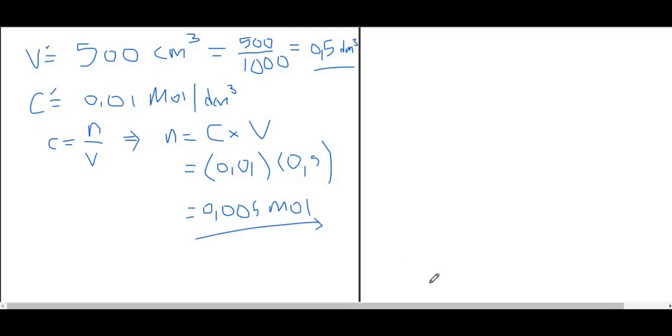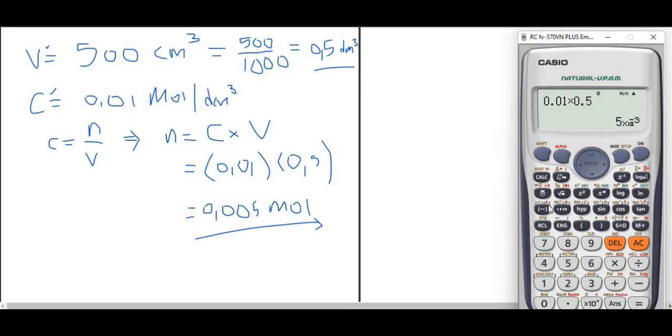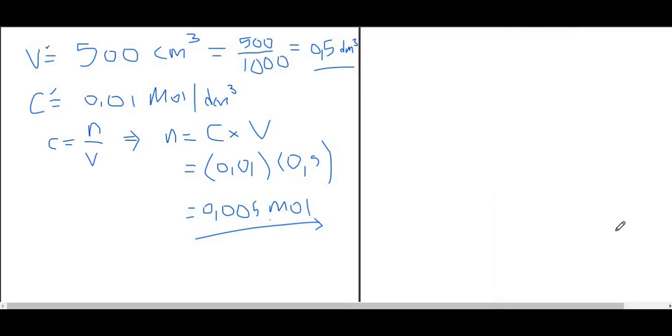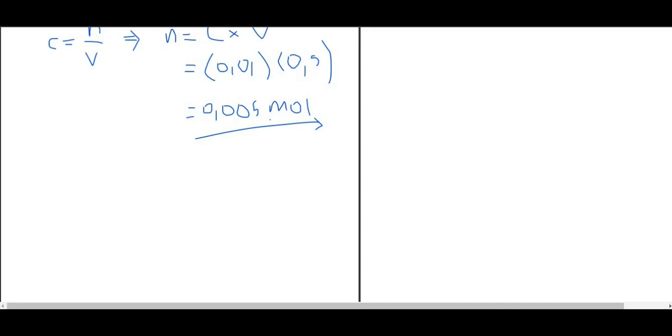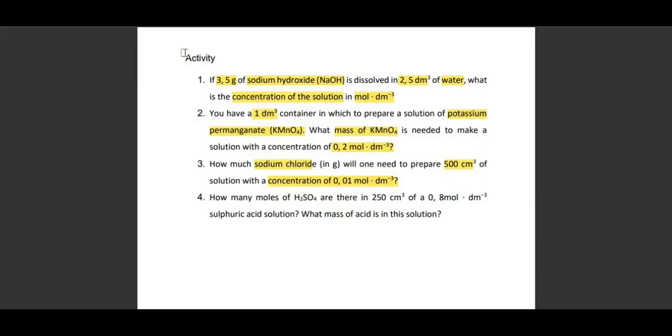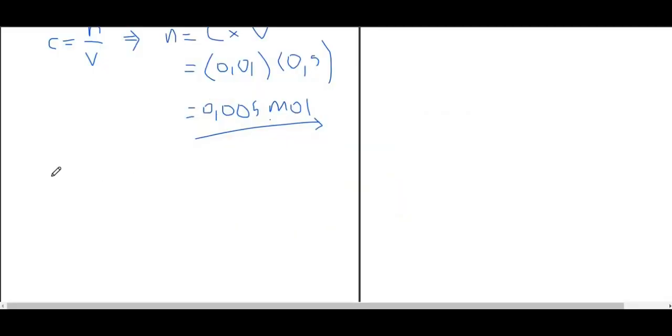Just that the answer there in your calculator is written in scientific notation. But it doesn't matter because we are not actually that much interested in the number of moles. That's not what we're calculating. What we're calculating is actually the mass, and that is the mass of sodium chloride. Remember, sodium chloride is salt.